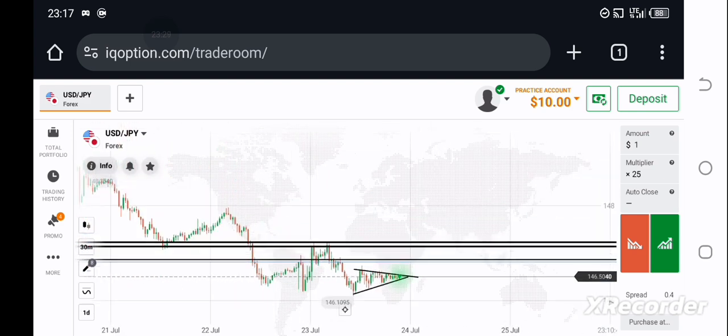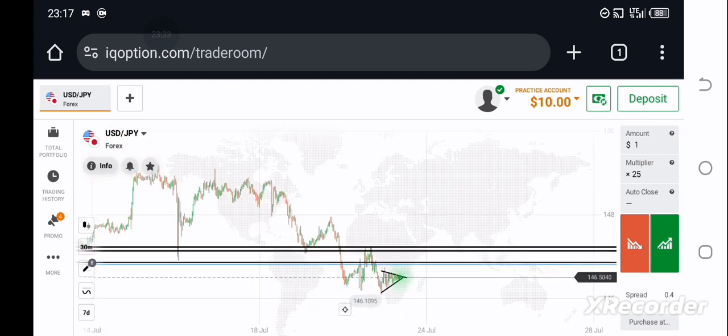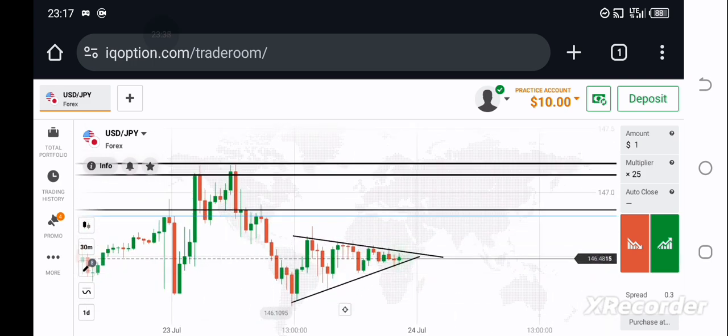Okay, so this is a triangle. Let me see very well. Okay, so at this time the market is moving within this area. This is a 30 minutes time frame.